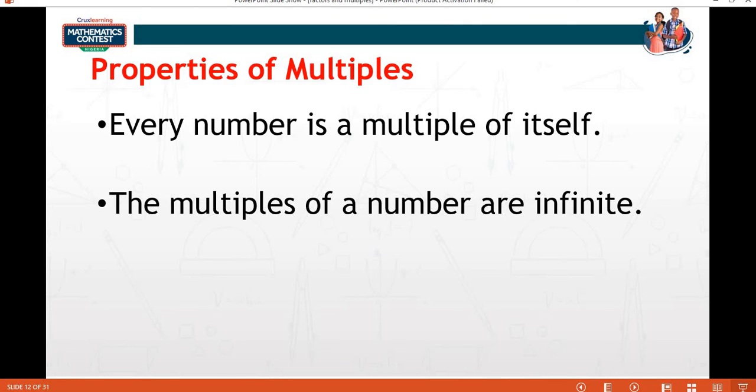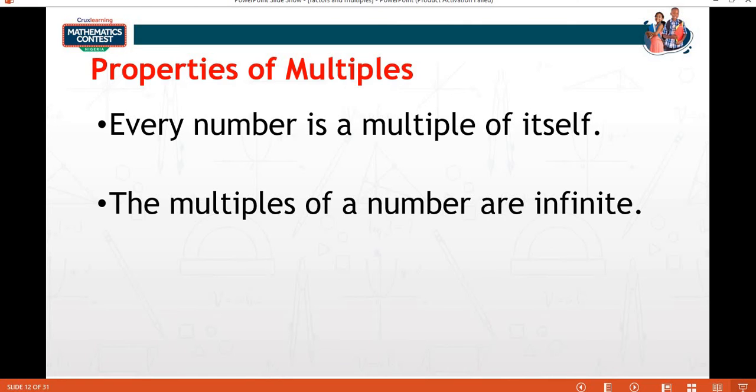They are infinite, so they are uncountable. As long as you have a number to multiply by that given number, you will get its multiple.